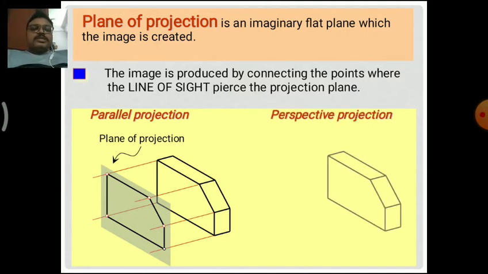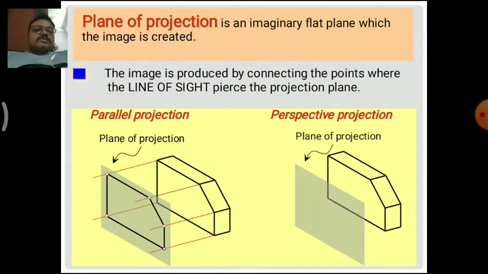Next one is the perspective projection. So this is the plane of projection. There you can see the line of sight touching the plane, that is the flat plane.